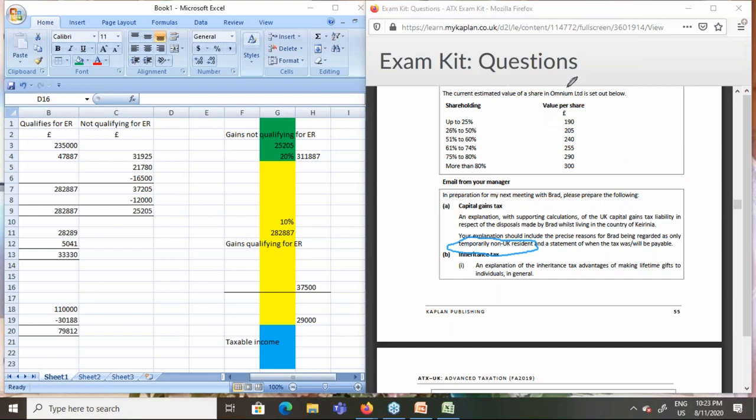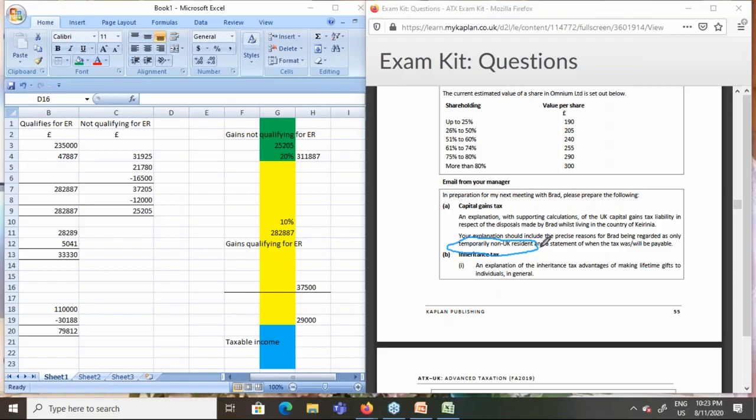Temporarily non-UK resident. So here you can see the words are very clear. That means if you were absent from the UK only for a shorter, temporary period of 5 years.